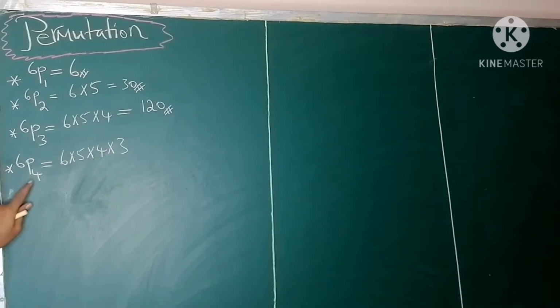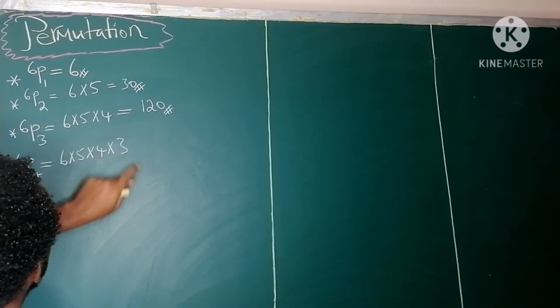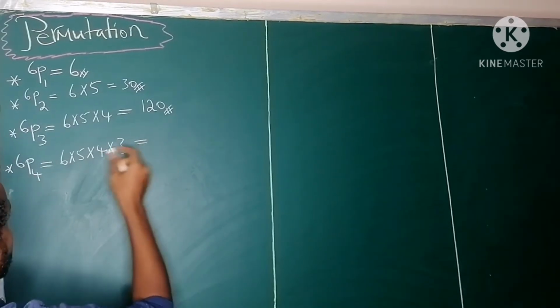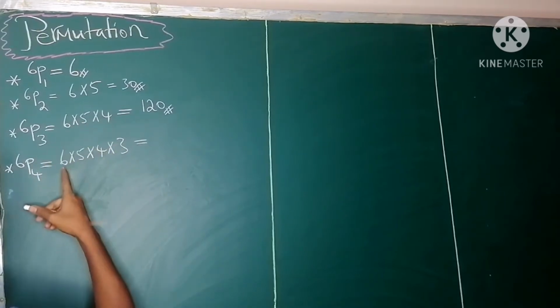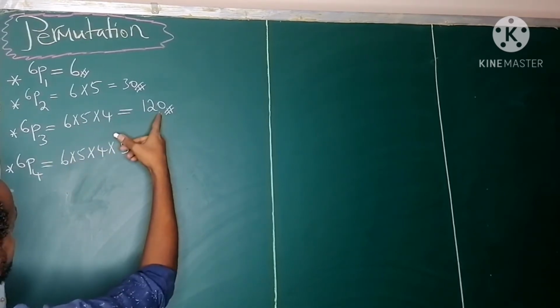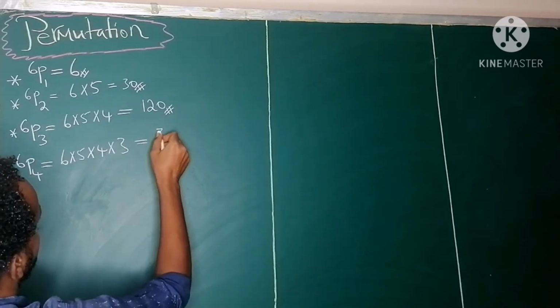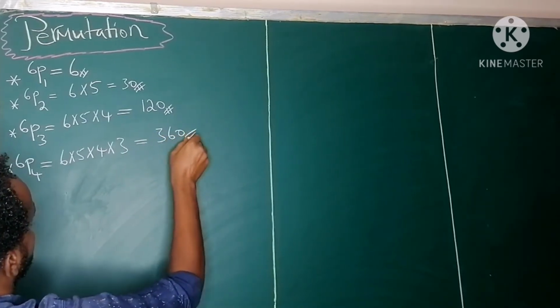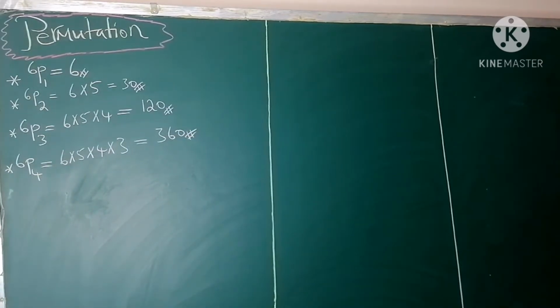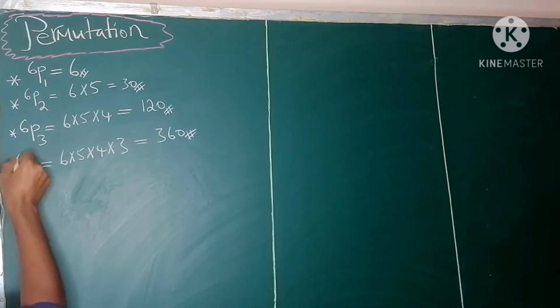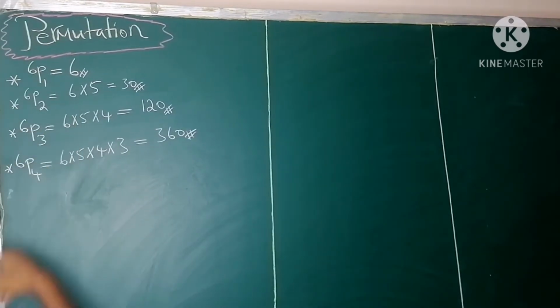Then we stop here. 4 factors: 1, 2, 3, 4. 6 times 5 times 4 is 120. When you multiply it by 3, it will be 360. And so on.